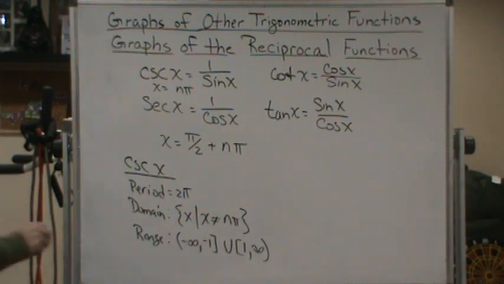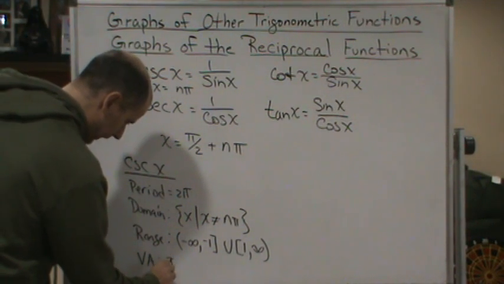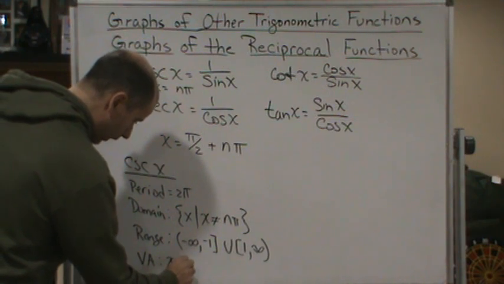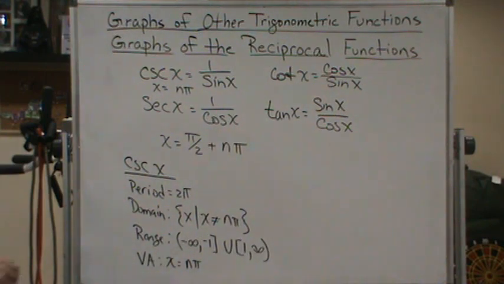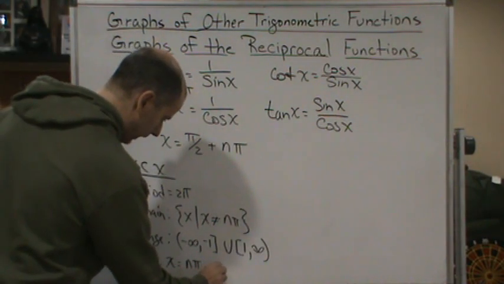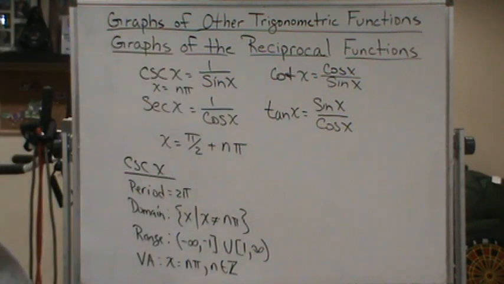And as we saw, the vertical asymptotes are going to be at x equals n times pi, where n is an integer.